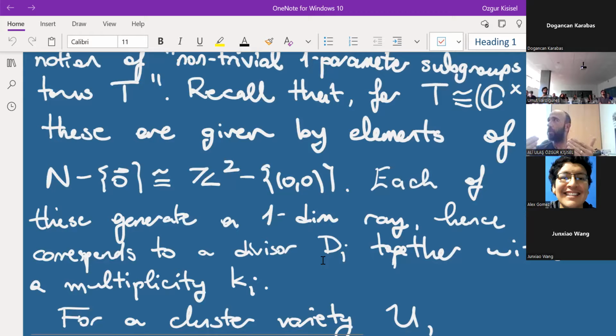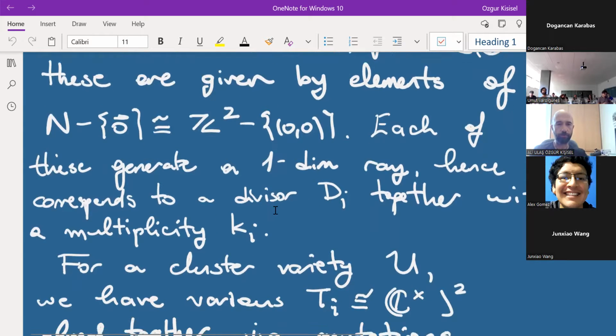Then, yeah, the issue about this integral affine structure is that you have one copy of N minus 0 for each cluster chart, but moving from one to the other would have to somehow identify these, and that would be by an element of SL2Z, giving the integral affine structure.